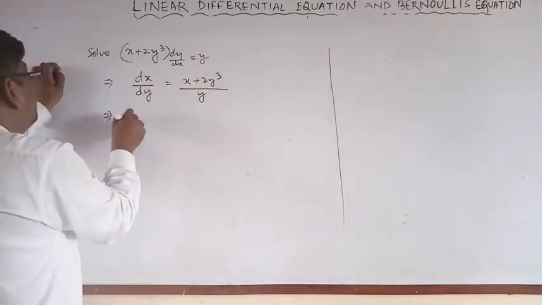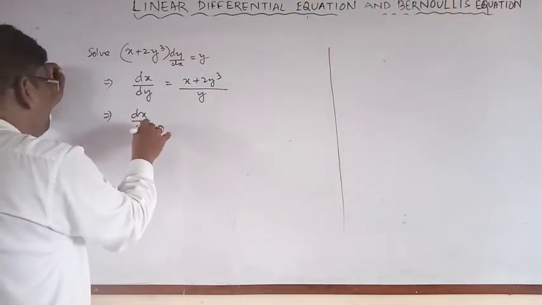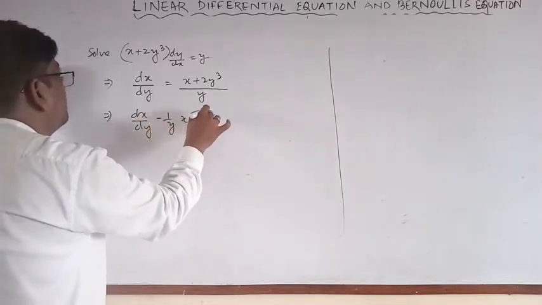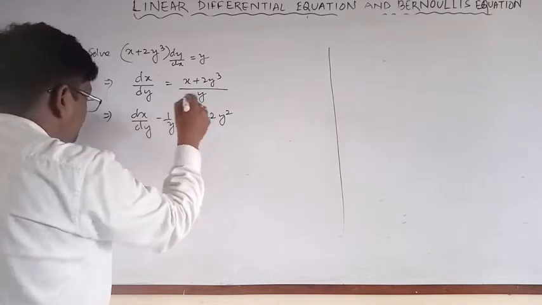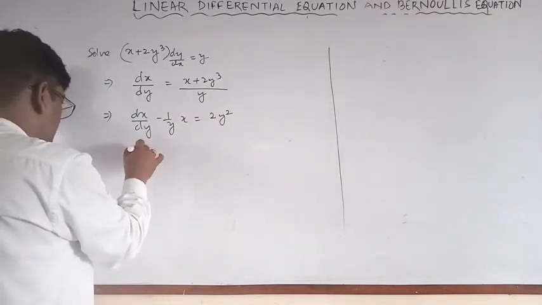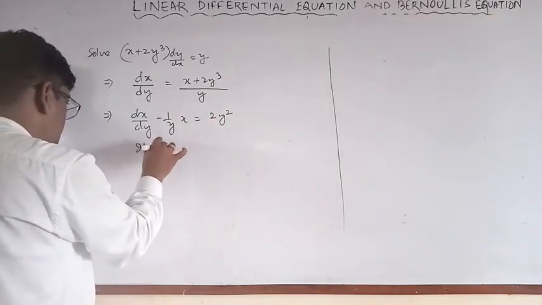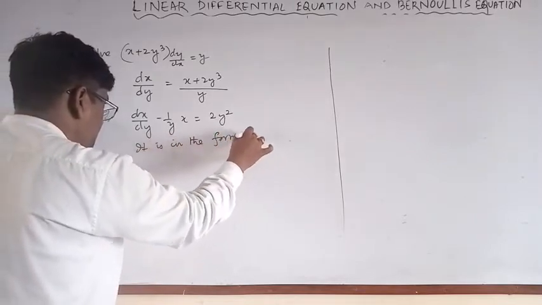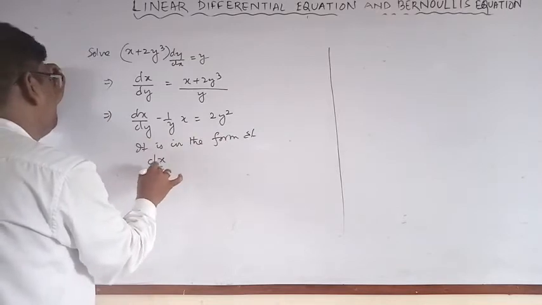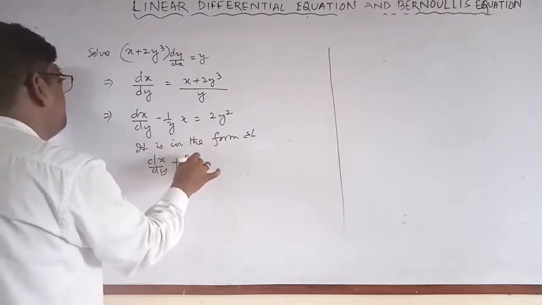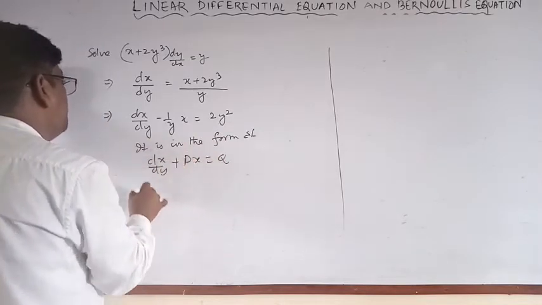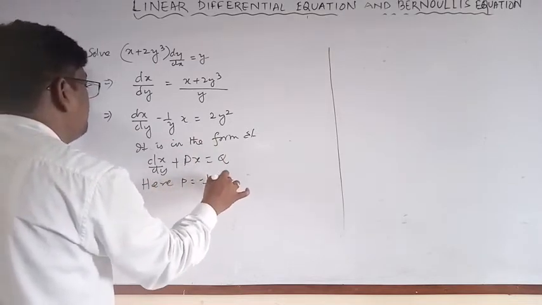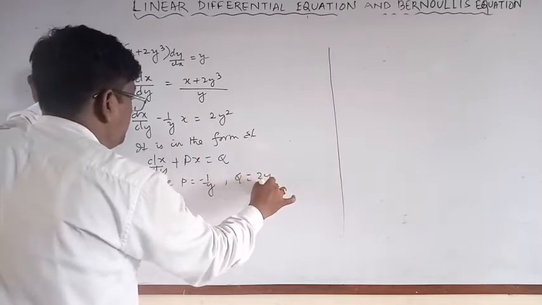Now that is dx by dy minus 1 by y into x is equal to 2y squared. It is in the form dx by dy plus P into x is equal to Q. Here P is equal to minus 1 by y, Q is equal to 2y squared.